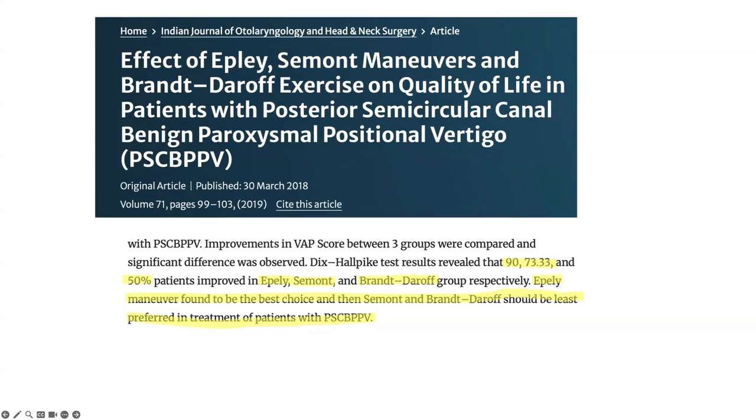So the Brandt-Daroff exercises can work, but they're about half as effective as doing the Epley. The recommendation was that the Epley manoeuvre was found to be the best choice, and Brandt-Daroff should be the least preferred in treatment of patients with posterior canal BPPV.